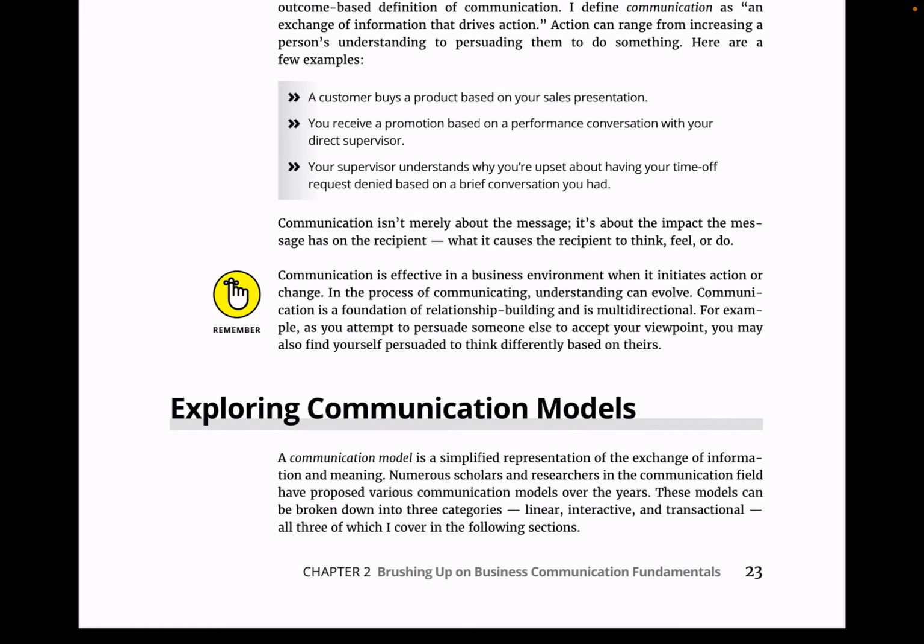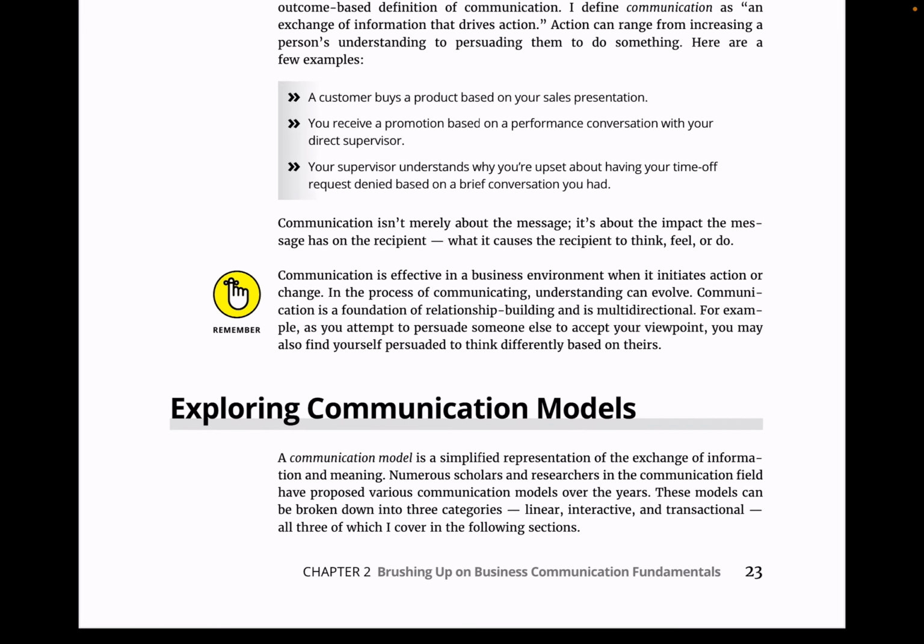Shannon and Weaver, engineers at Bell Telephone Labs, came up with one of the more popular linear communication models that has been adapted for the study of human communication, as shown in figure 2.1. So we've got here figure 2.1, the Shannon and Weaver model of communication.